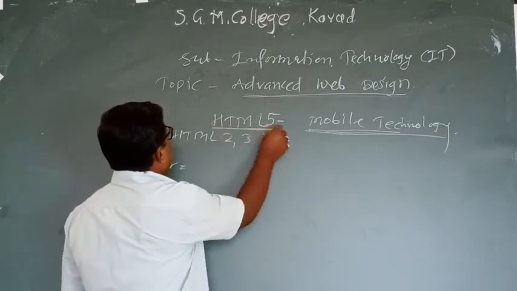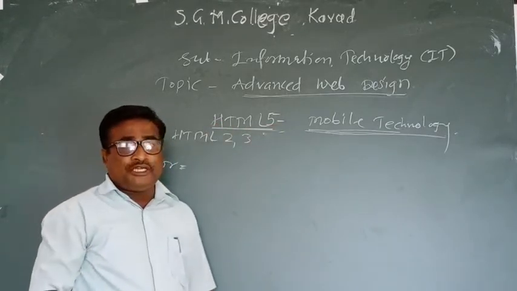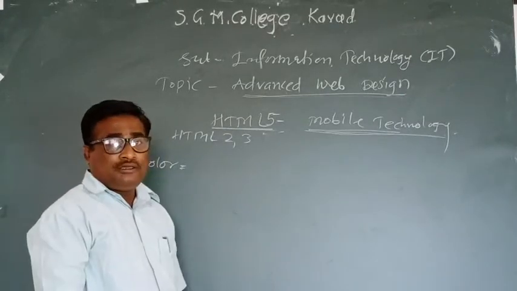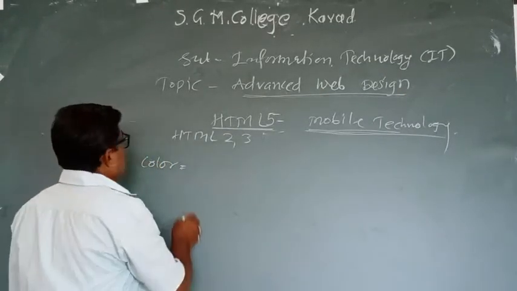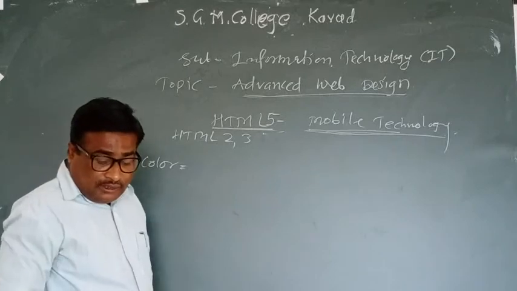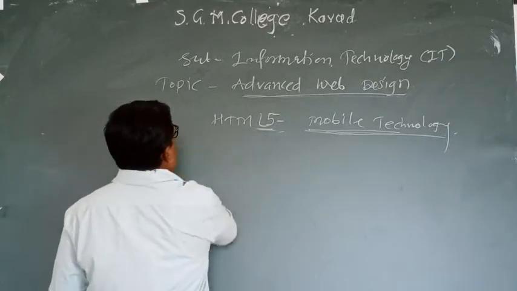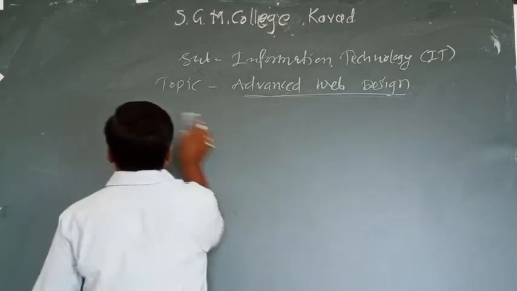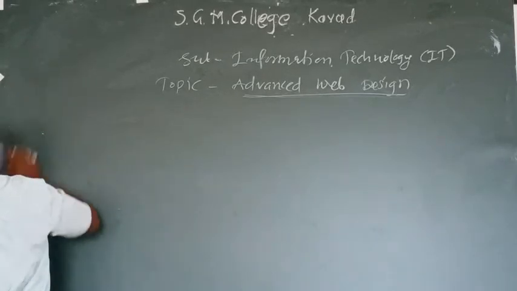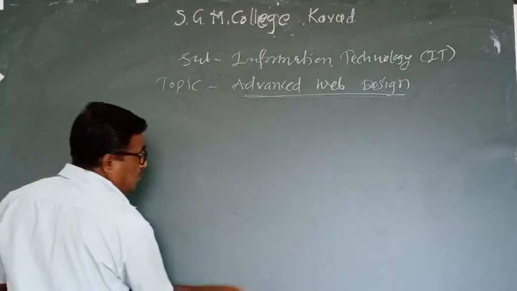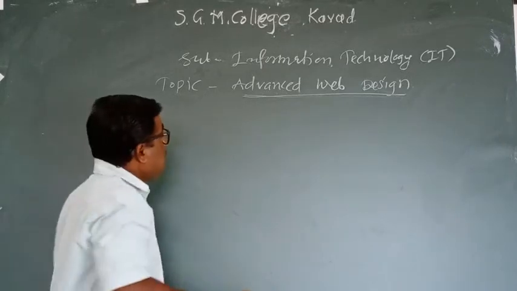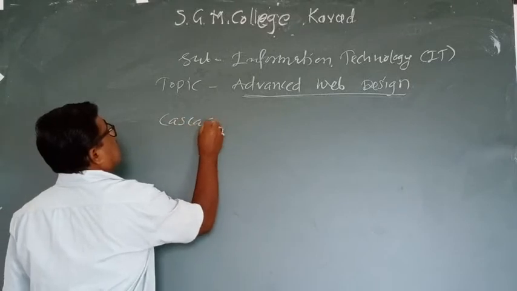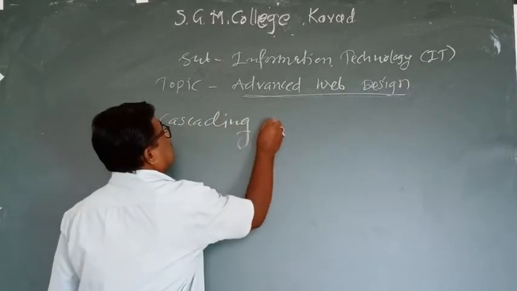In HTML5, there are new features which are not present in HTML 2 and 3. In HTML5, we have to study Cascading Style Sheets. It is one of the features used to design a web page.